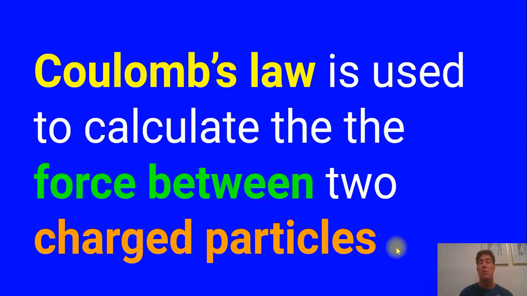Now there's something called Coulomb's law that is used to calculate the force between two charged particles. And Coulomb's law and something known as Coulombic attraction is a really critical concept in AP Chem. You're going to hear the term Coulomb's law and Coulombic attraction and Coulombic forces a lot. So you just have to get comfortable with that idea.